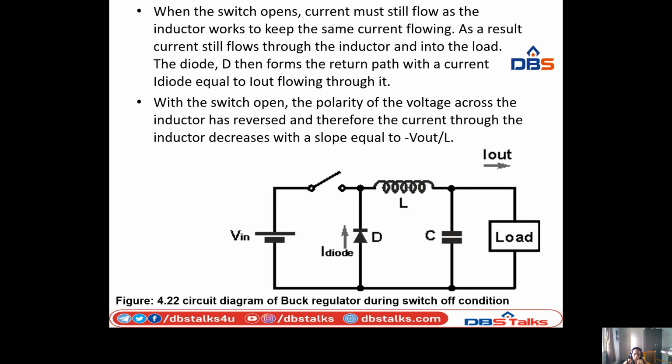By using a diode, a current path is obtained. With the switch open, the current in the inductor decreases with a slope of minus V out by L.